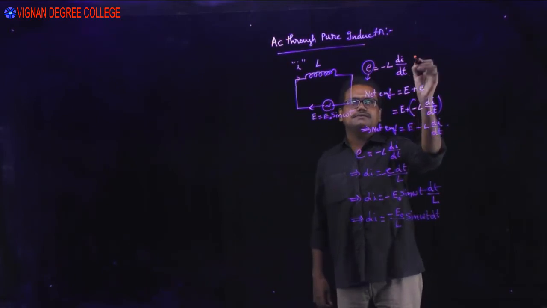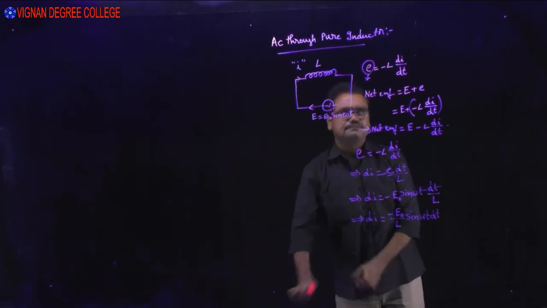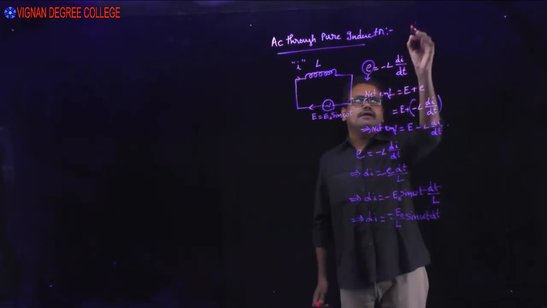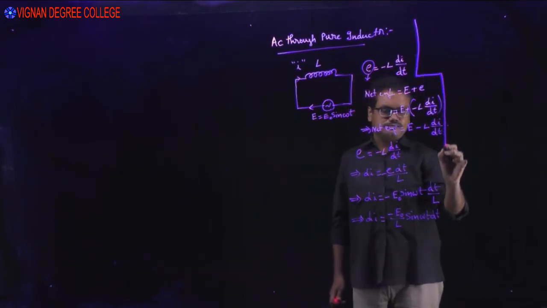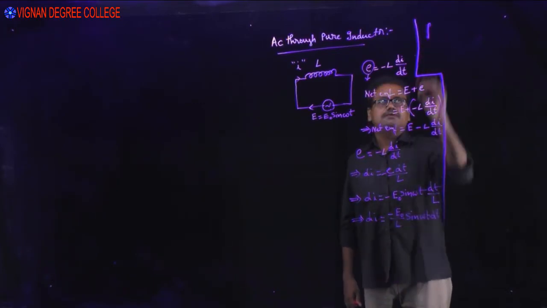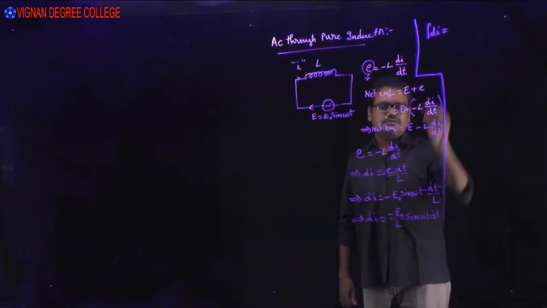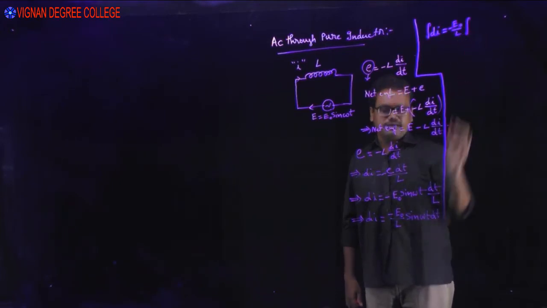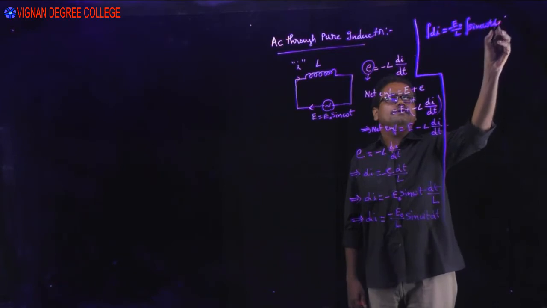Integrating on both sides. Integral di is equal to minus E naught by L integral sin omega t dt.